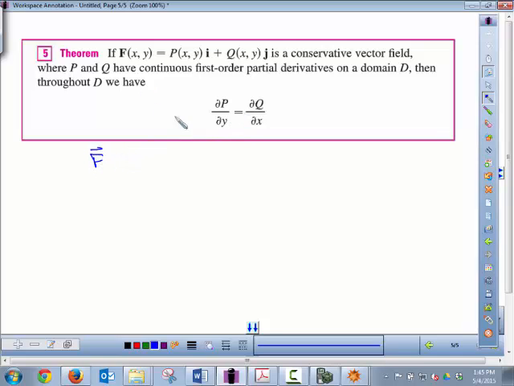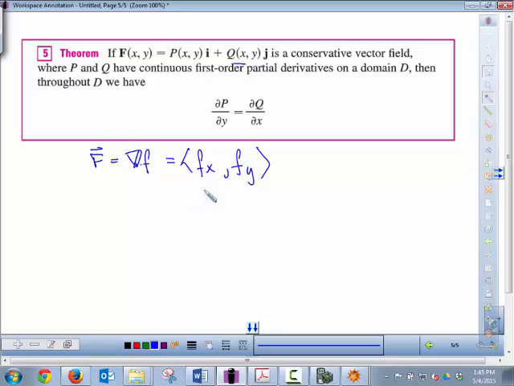So if F is a conservative vector field, then F is actually the gradient of little f, some potential function. That means F can be seen as fx, fy, as your P and Q functions, right?